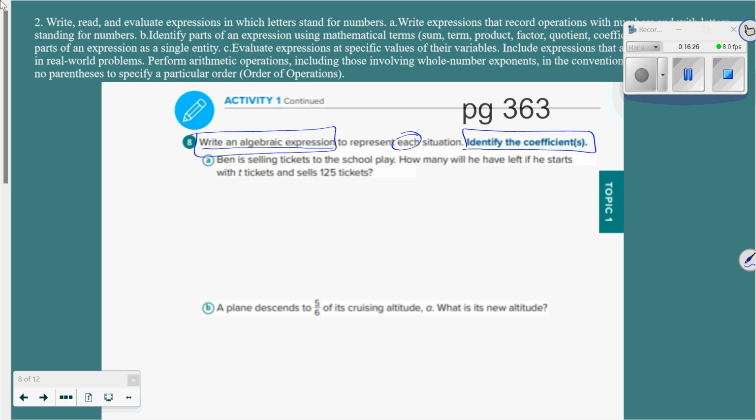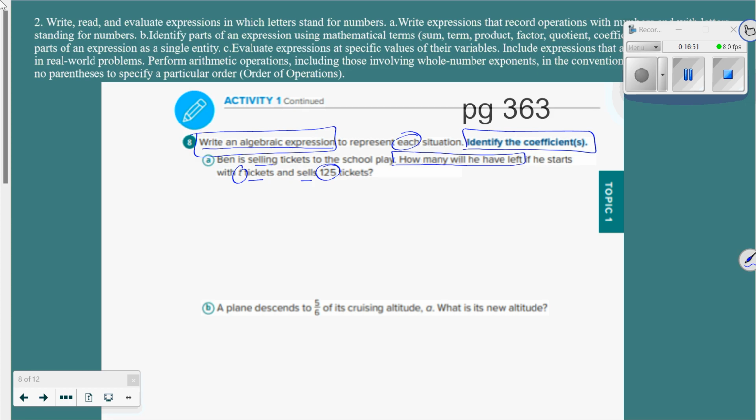Ben sells tickets to the school play. How many will he have left if he starts with T tickets and sells 125? See how we mark our text? Now we have our question. How many is he going to have left? That's in your mind. You automatically set up what operation he's doing, right? What do I do to find out what I have left?